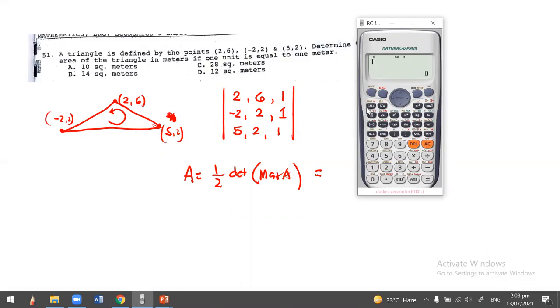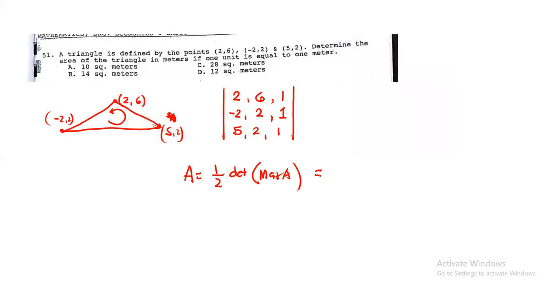So, AC, shift, matrix 4, then determinant, then matrix, determinant ni A. Then, times 1/2. Huwag niyo kalimutan si times 1/2. So, ito na sagot: 14 square meters. So, the answer is letter B.